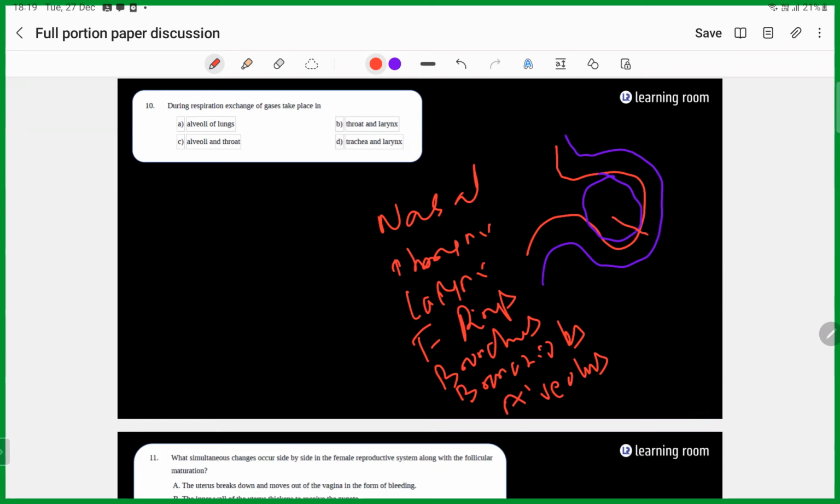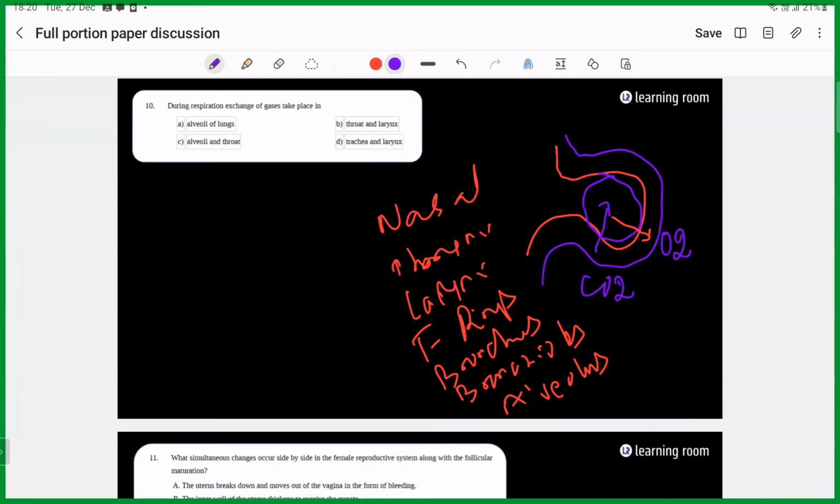From here, oxygen comes here. From here, carbon dioxide, CO2, goes out, and here O2. What are the other physical factors which support respiration?